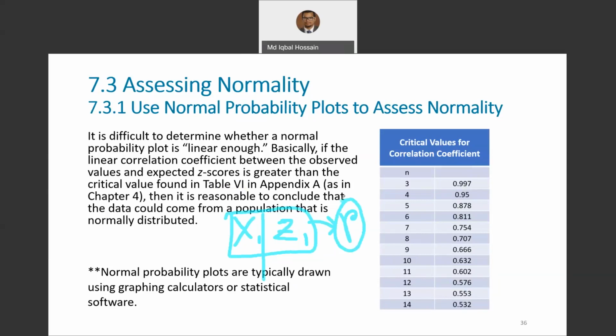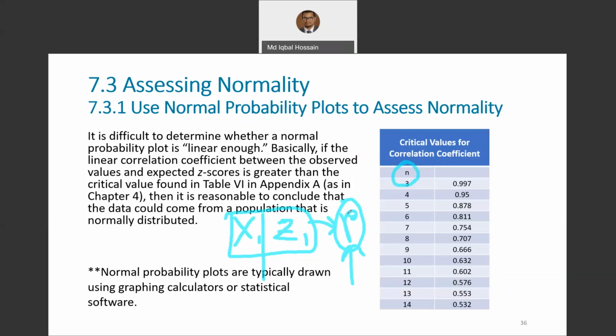After finding the correlation coefficient, we will look at our sample size. If the correlation coefficient we found is greater than the critical value, then we say the linear relationship is strong or significant.